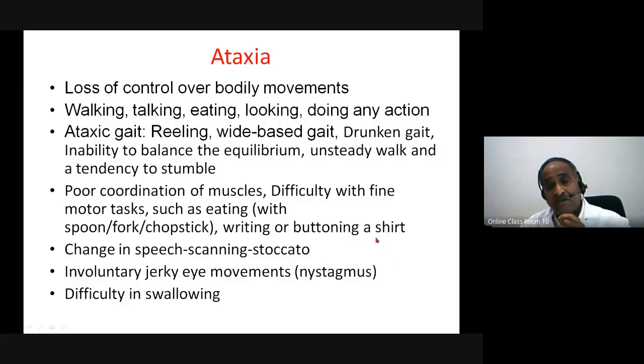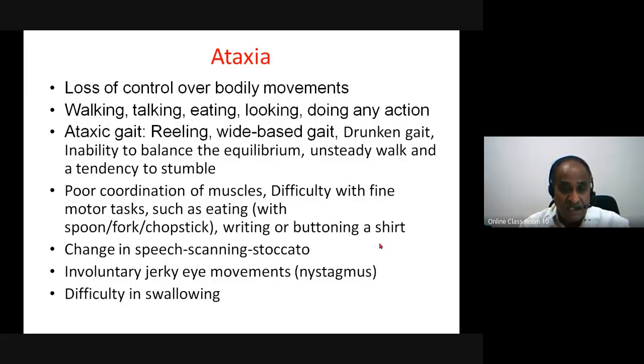In addition, we have the vocal cord movements. The vocal cord movements, the talking or the voice production, is a very, very specific and precise action.